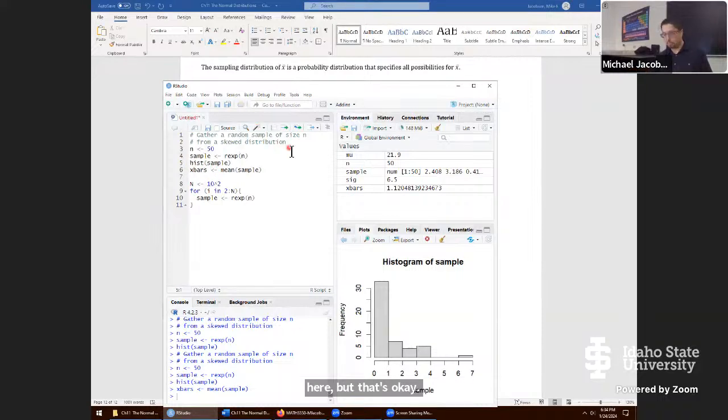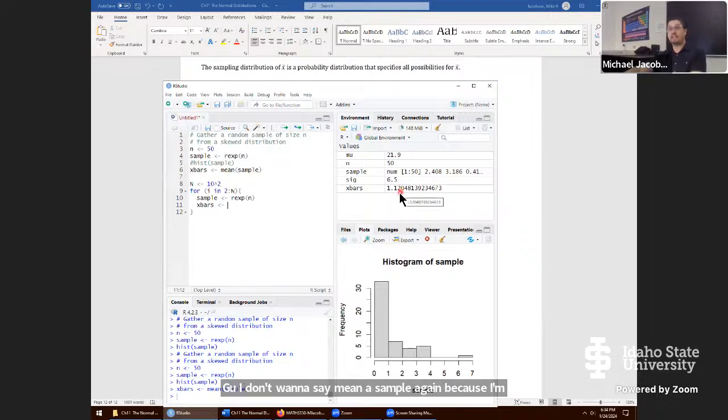And let's also just put a statement there to eliminate the histogram from plotting. So we'll get a new sample. We need to calculate a new sample mean. So we'll write xbars gets. I don't want to say mean of sample again because I'm going to throw away my old sample mean if I do that.